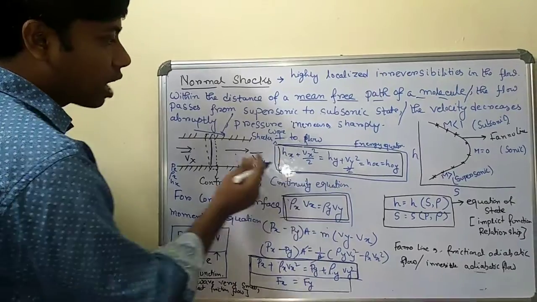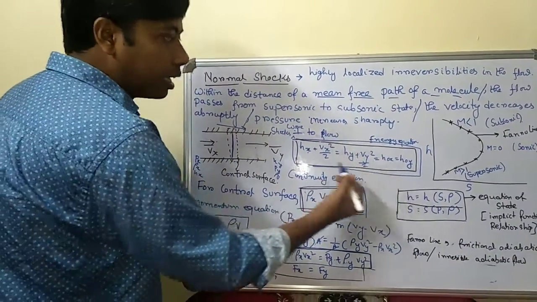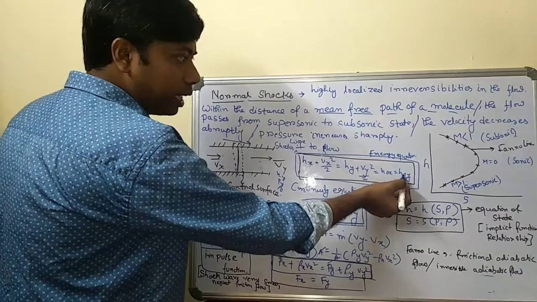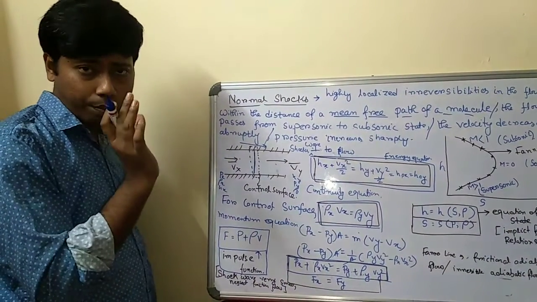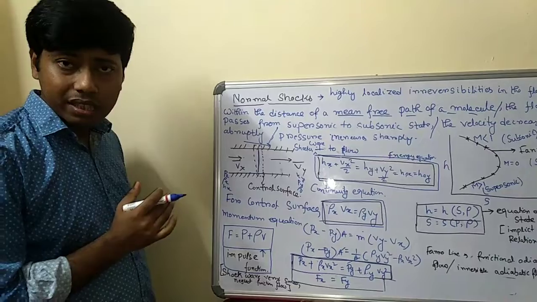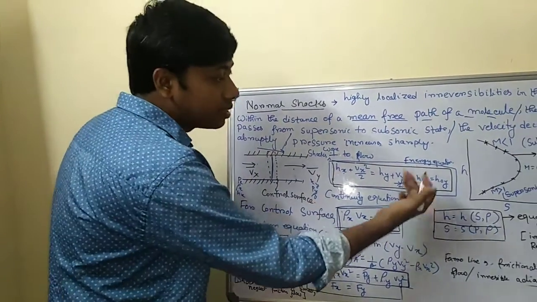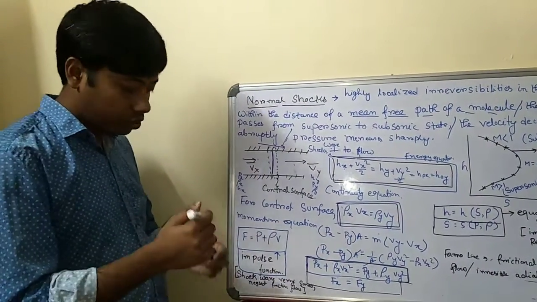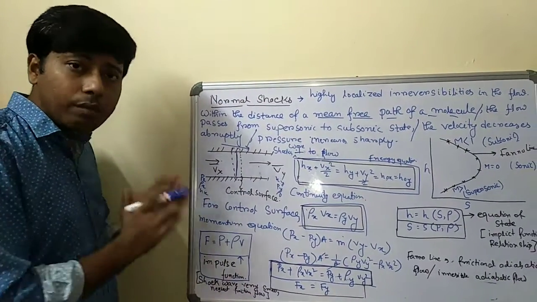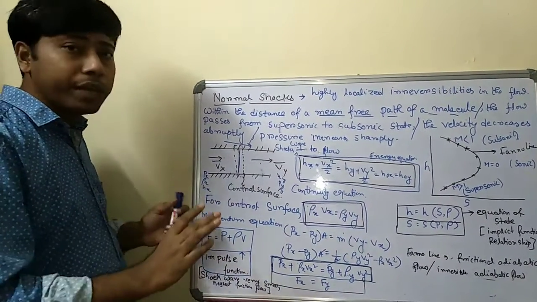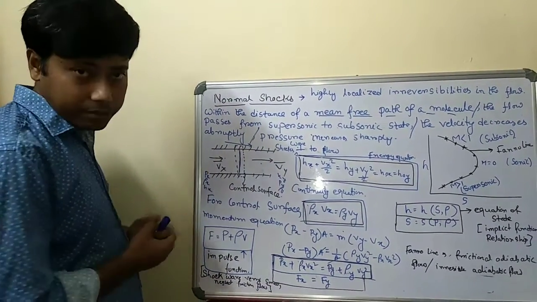Now x denotes the upstream, y denotes the downstream direction. That will be H0x equal to H0y. What is 0x, 0y? That indicates the stagnation enthalpy in the upstream direction and the stagnation enthalpy in the downstream direction. And obviously when the fluid flows through a particular duct, the flow should be adiabatic and reversible in nature.